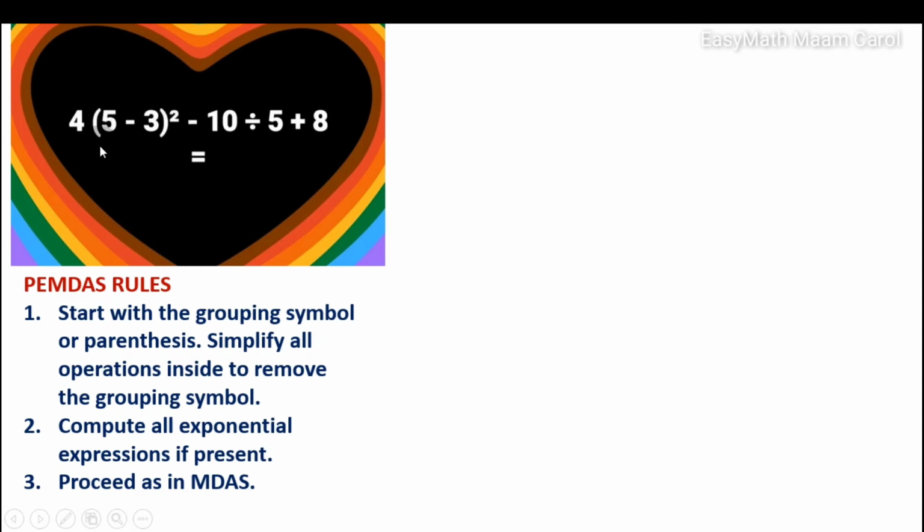So meron na tayong exponential expression. So okay, so let's remind ourselves with the PEMDAS rule. We'll start with the parenthesis, and then after the parenthesis, we do the exponent or the exponential expression, and then we proceed as in PEMDAS or MDAS.